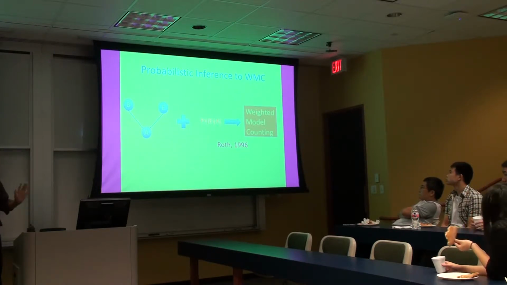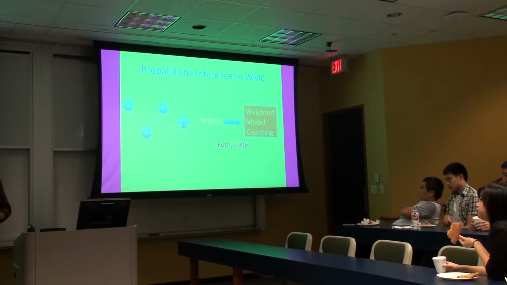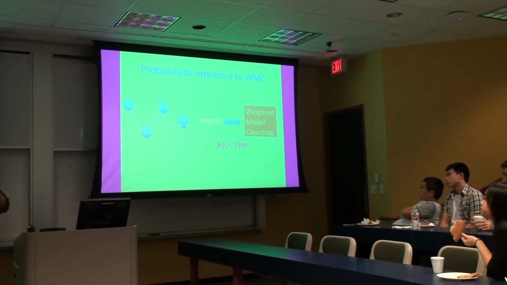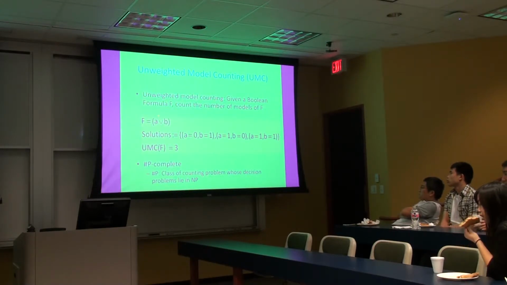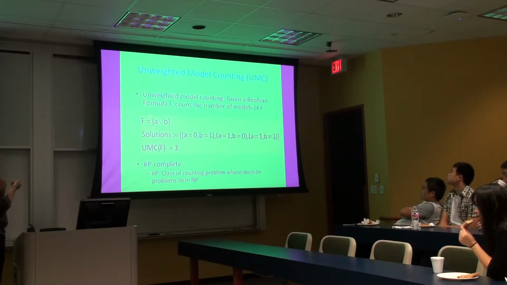So let me first try to define more formally what the problem of weighted model counting is, and before that I'll have to define a simpler variant, which is unweighted model counting. The problem of unweighted model counting is that given a Boolean formula F, we want to count the number of models of F. A model is a satisfying assignment, just a fancy term that logicians use.